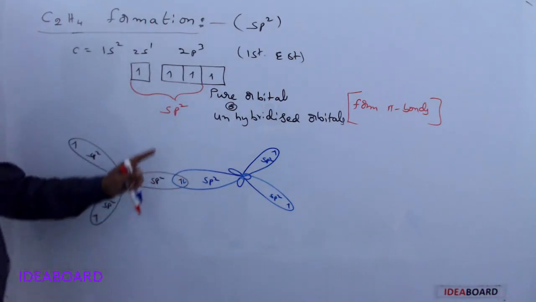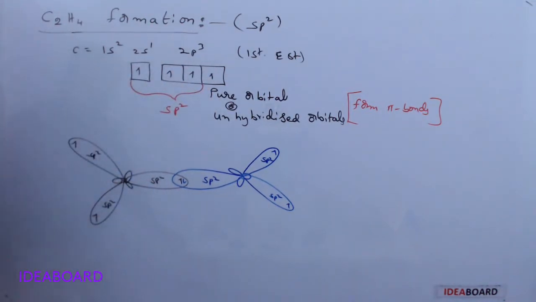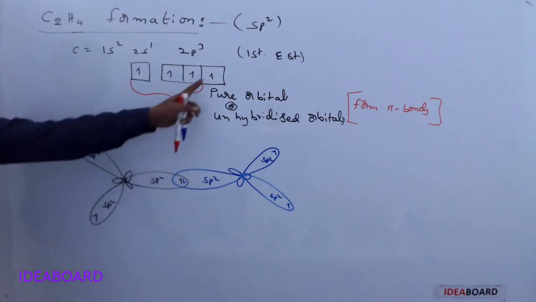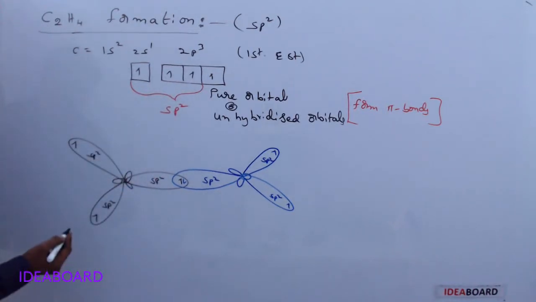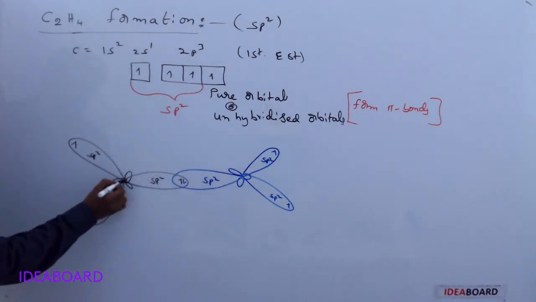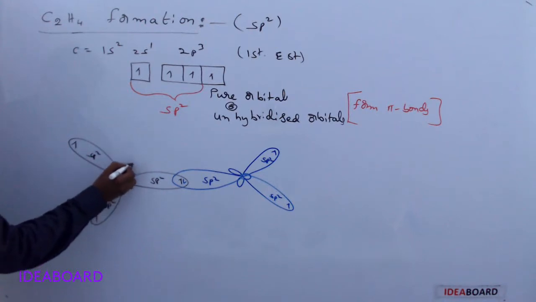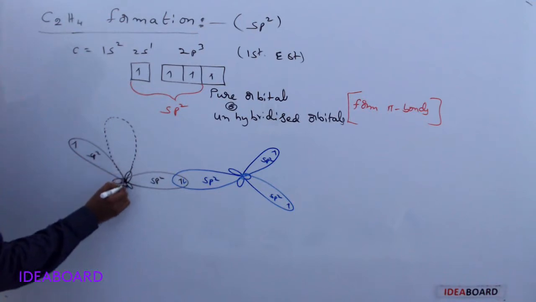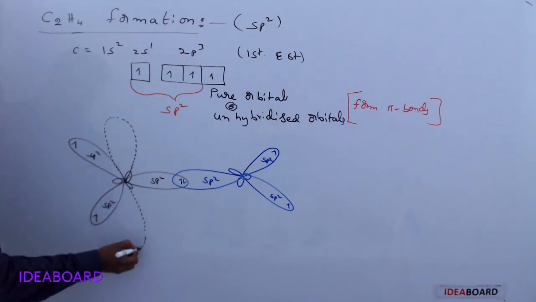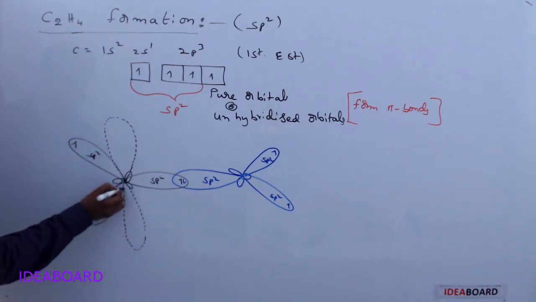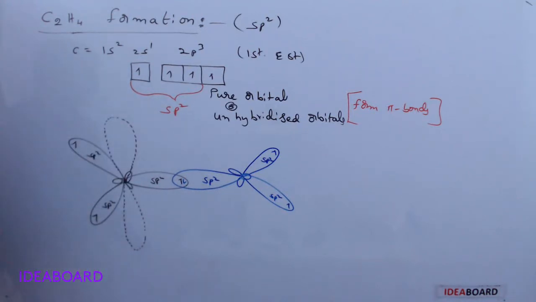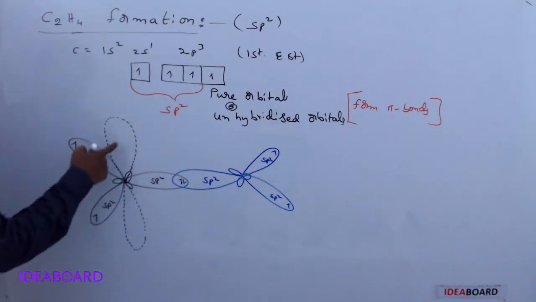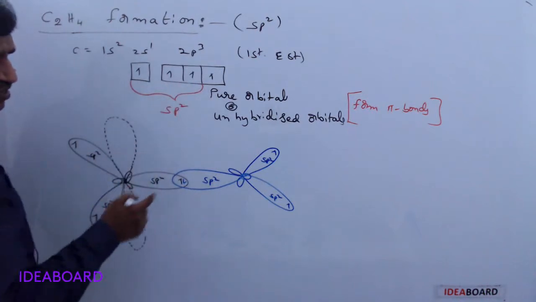Please remember that pure orbital first. The pure orbital of this carbon atom I am indicating with a dotted line. The dotted line orbital is a dumbbell-shaped pure orbital, not like a hybrid orbital.